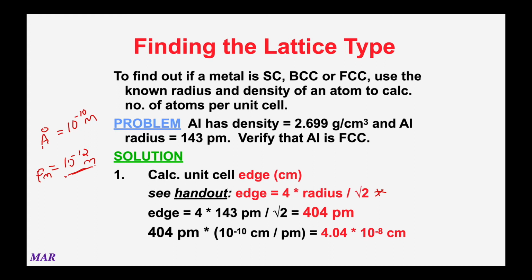If you combine those last two parts, you get 10 to the minus 10 centimeters per picometer, and either way is fine. But regardless, at the end of the day, the edge of our unit cell is 4.04 times 10 to the minus 8 centimeters. I do encourage you to go along with this example in your calculator so that you know how this works out and you know what's happening.